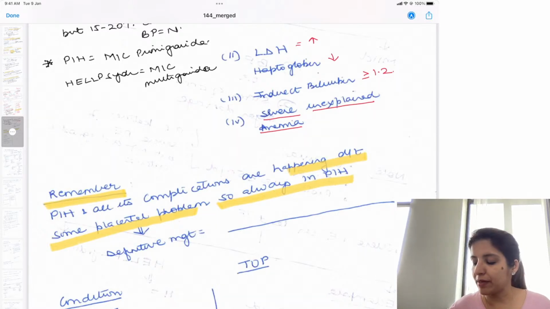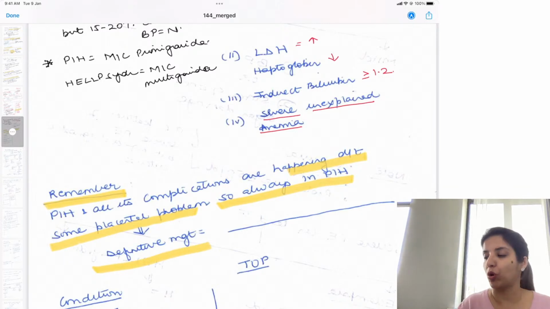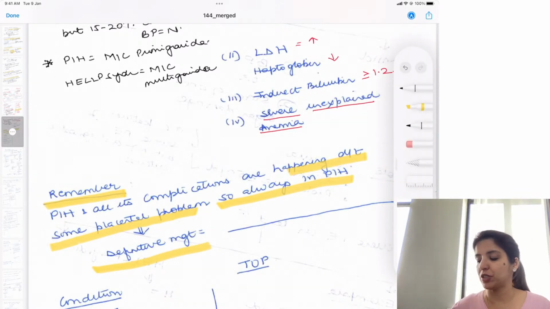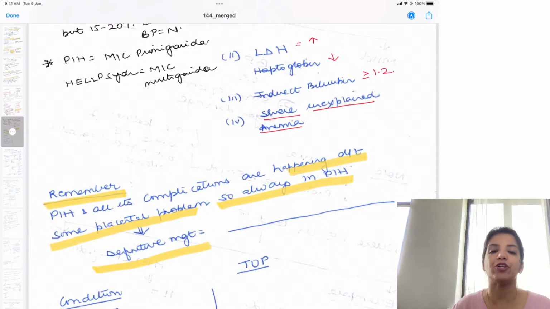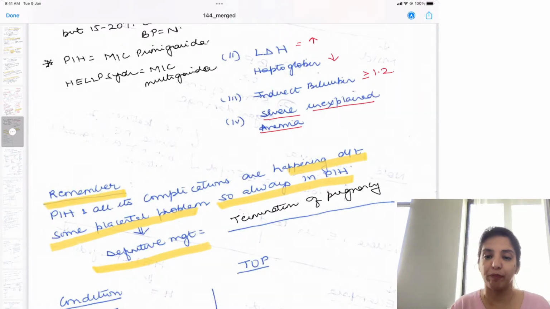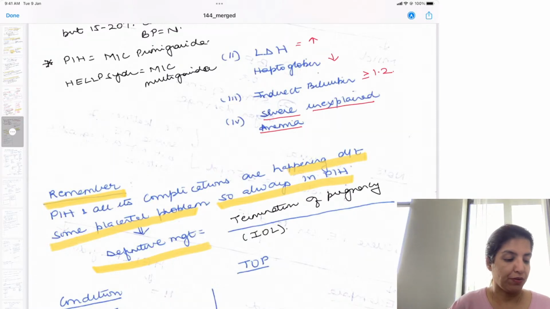So always in PIH, if I ask you what is the definitive management, definitive management always is termination of pregnancy. In other words, you are going to say that you are going to deliver the patient, or you are going to say I'm going to go for induction of labor. Right?